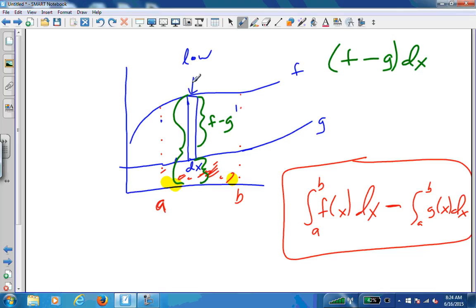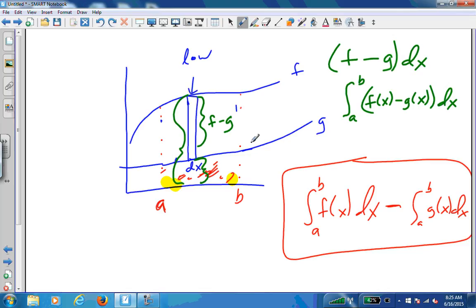So if we want that area, then we would add up those rectangles from A to B. And those rectangles come from doing f of x minus g of x times dx. So that's the length times the width. If you do that, then you can get the area between those two curves.